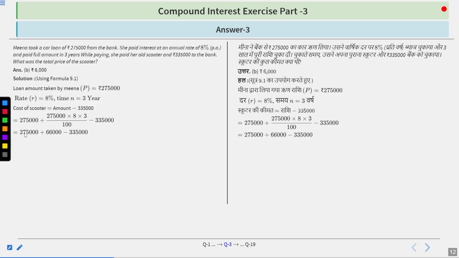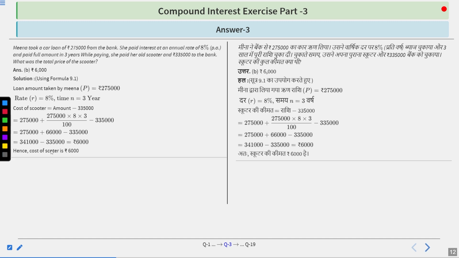So 2,75,000 plus 2,75,000 into 8 into 3 upon 100 is 66,000, minus 3,35,000. So 3,41,000 minus 3,35,000, that is equal to rupees 6,000. Hence, the cost of a scooter is rupees 6,000. Option B is the correct answer.